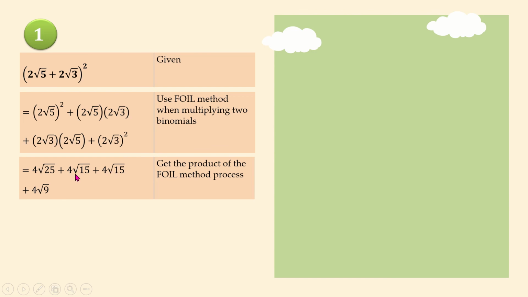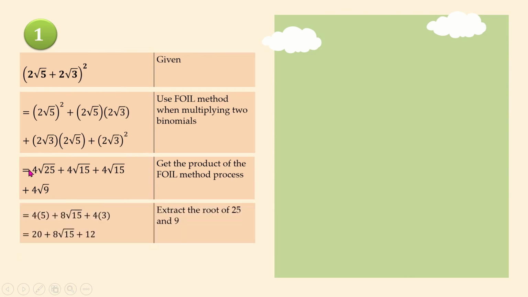The second and third are the same. How about the fourth? The square of the last term, 2 square root of 3 times 2 square root of 3. 2 times 2 is 4, 3 times 3, 9.